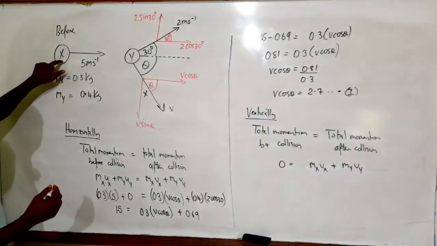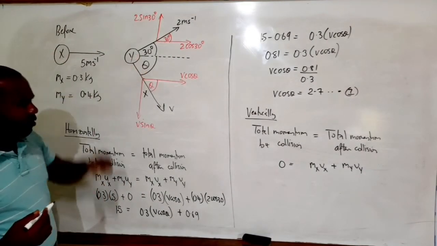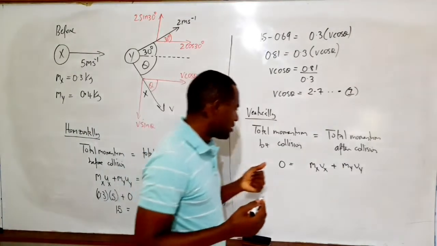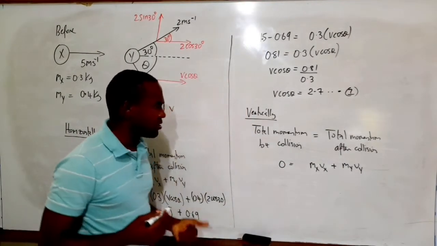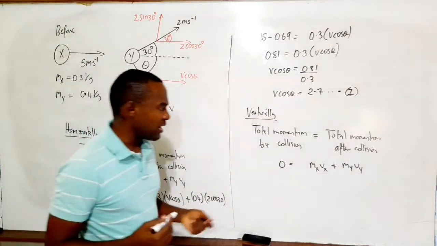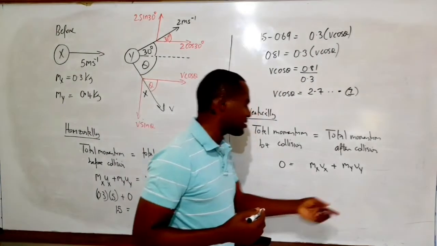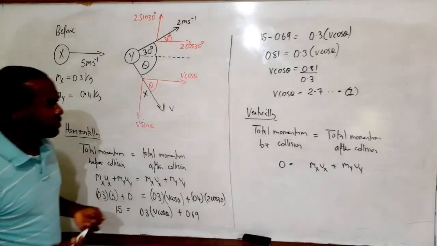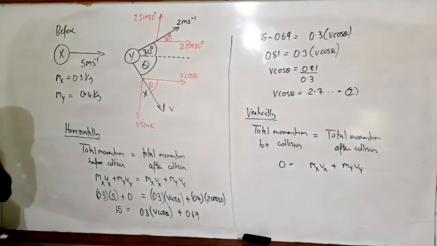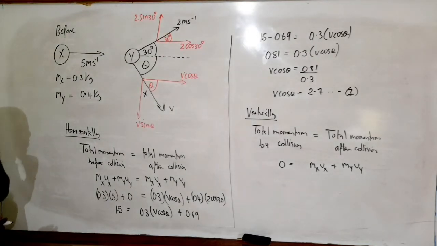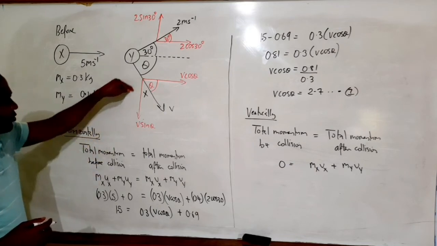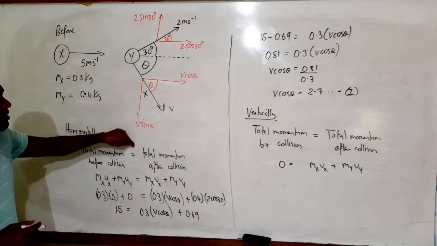So x represents ball x, and the subscript y ball y. So the total vertical momentum before the collision equals 0, and we'll now substitute the values and get a second equation, which we will solve simultaneously with that one. So vertically, x is moving vertically downwards with a velocity of v sine theta.